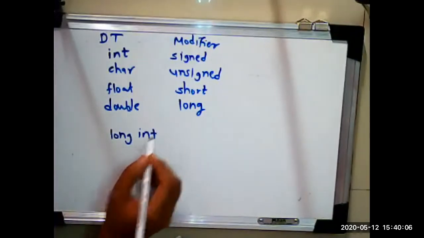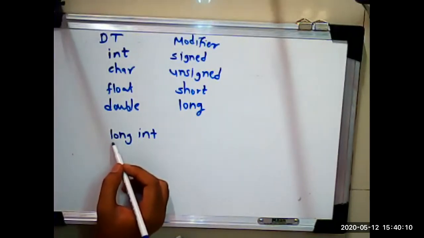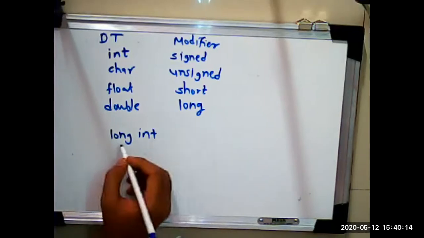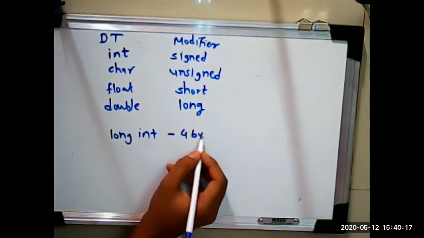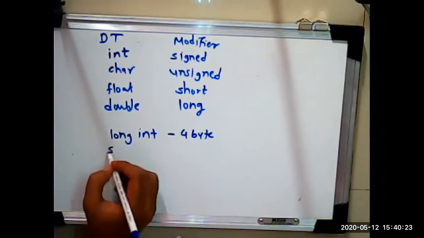If you are seeing long int, it is not platform dependent. Everywhere long int has the size of 4 bytes. In a 32-bit compiler its size is 4 bytes, and in a 16-bit compiler the size is 4 bytes itself.